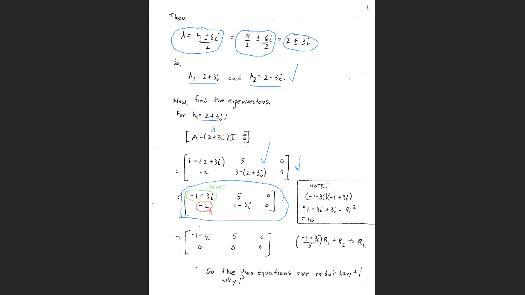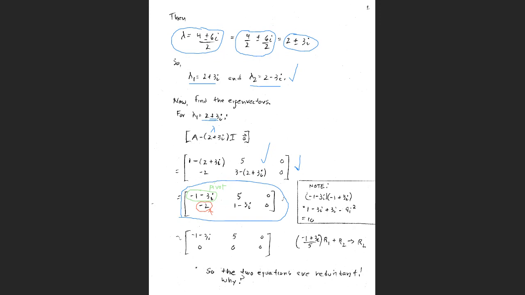So I have to multiply -1 minus 3i by a scalar, and a scalar could be a complex scalar, such that when I add the product of the pivot times that scalar to -2, I get 0.